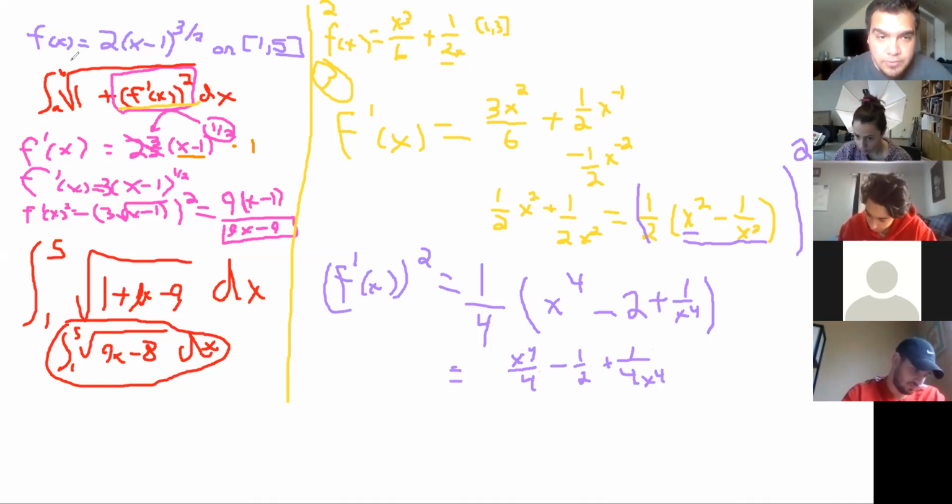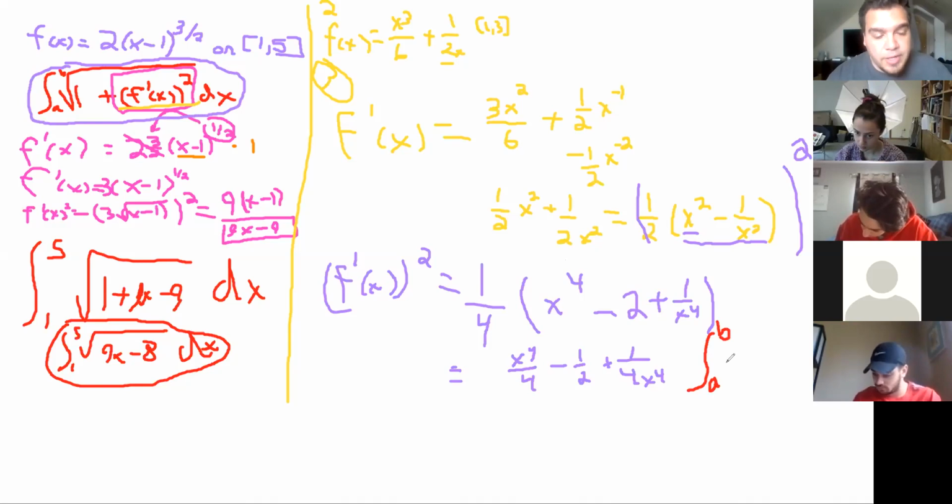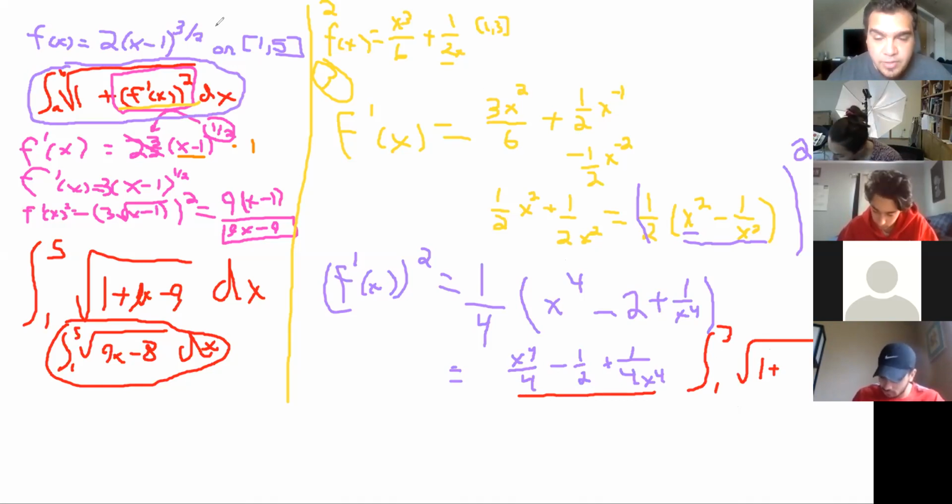So we're going to put it into this original equation over here. So the integral of a to b, I know what a and b is. So the integral from 1 to 3, and we get that from the original problem, is the square root of 1 plus all of this. To make it a little easier, I'll just combine like terms.